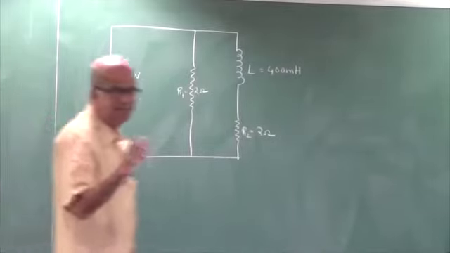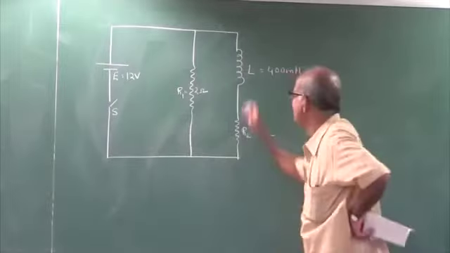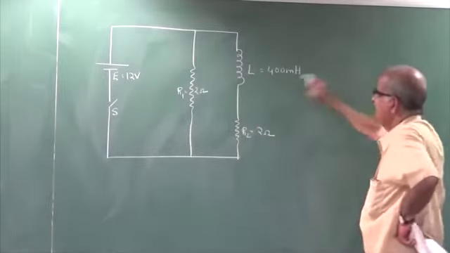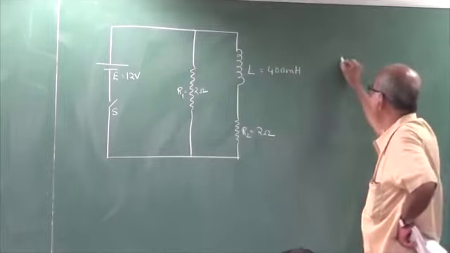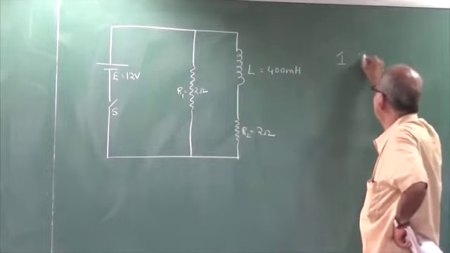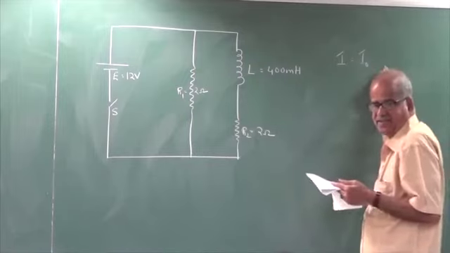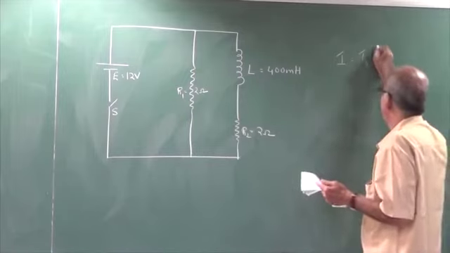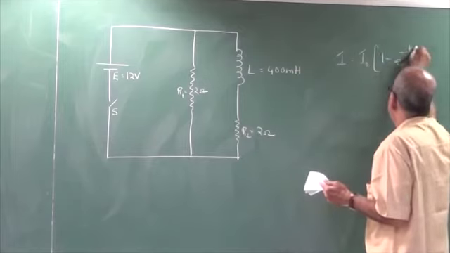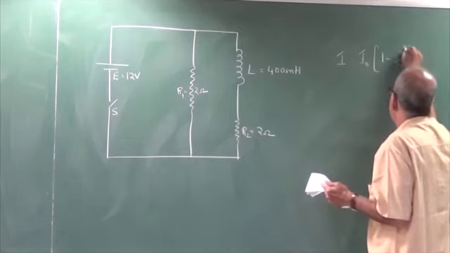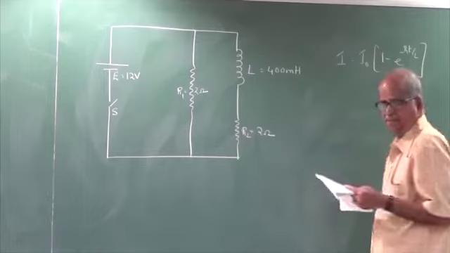Does everybody want me to work it out? See, what is the current in this? I is equal to I naught times (1 minus e to the power minus Rt by L). Do you agree?